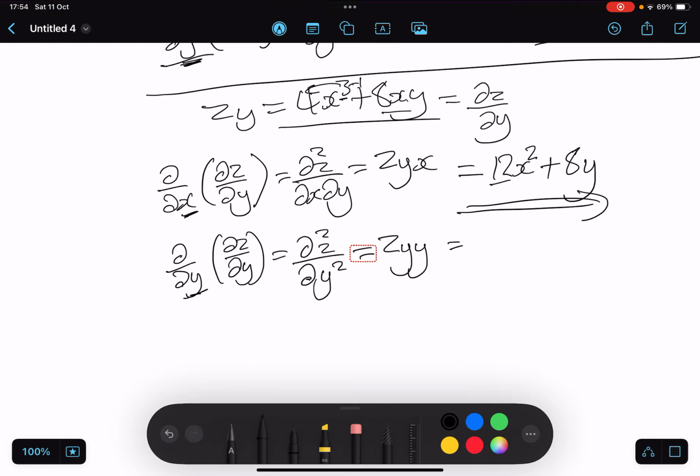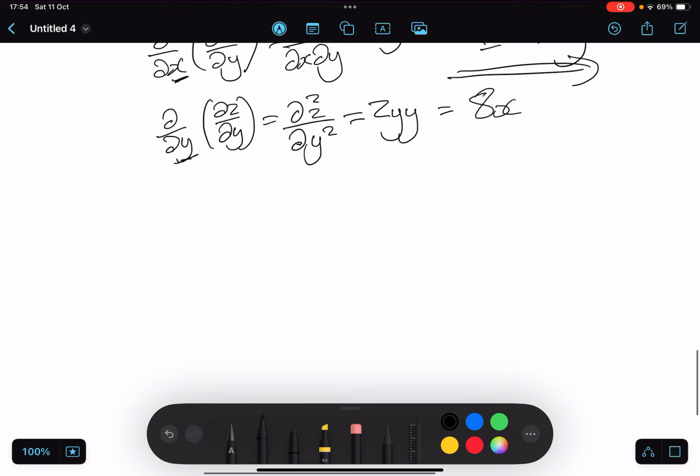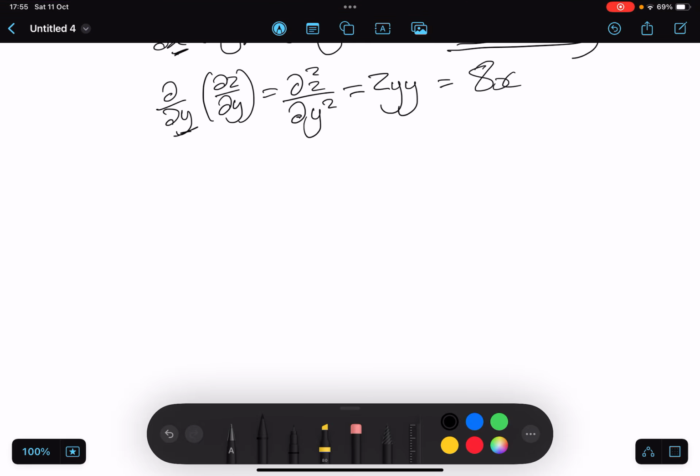If x is a constant and we're differentiating in terms of y, this part is going to be 0. And then we differentiate this part and we get 8x. So now we have differentiated everything.